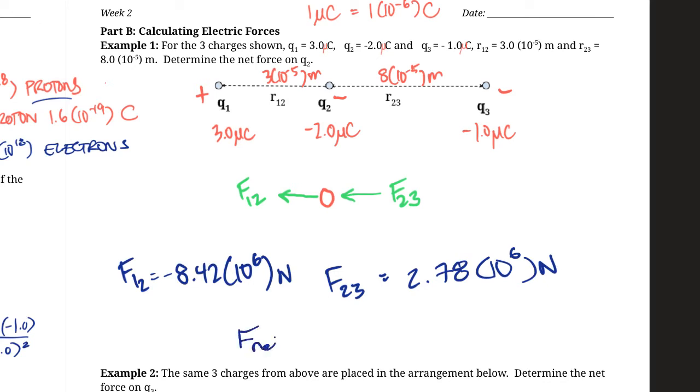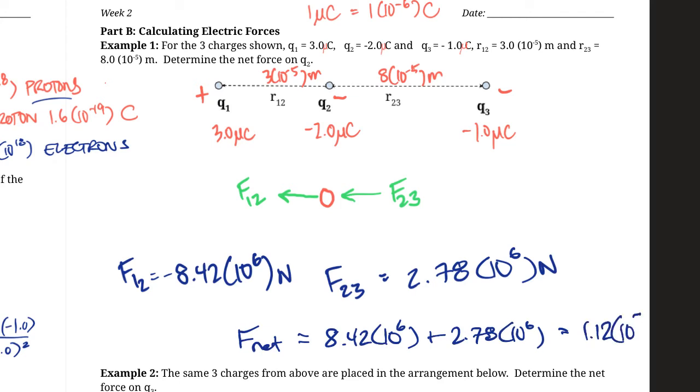So F net is just going to be those two forces added up. I'm not going to use the negative sign. I'm just going to use the absolute value of that, because I know it's to the left. So it's going to be 8.42 times 10 to the 6 plus 2.78 times 10 to the 6, which gives me a total net force of 1.12 times 10 to the 7 newtons.